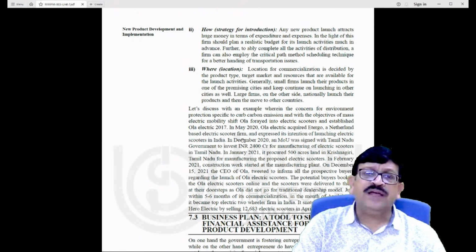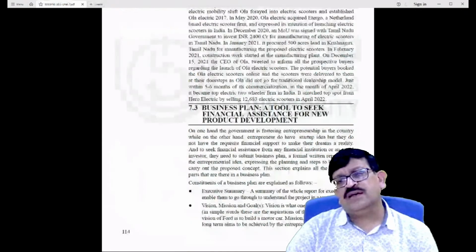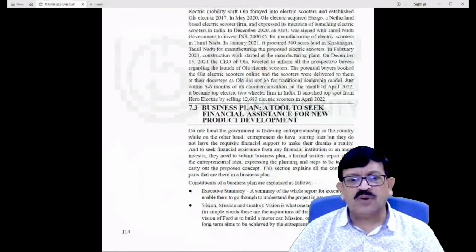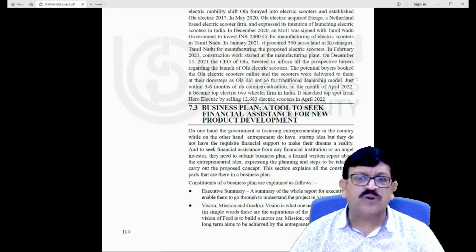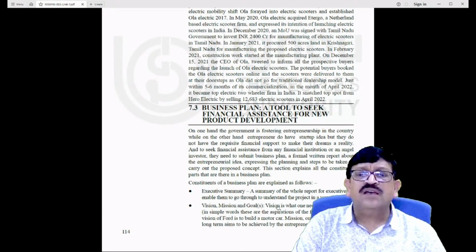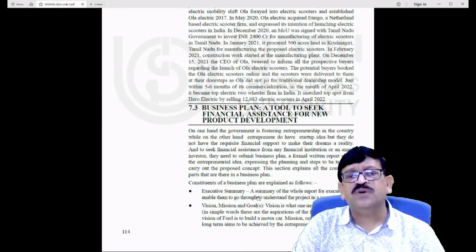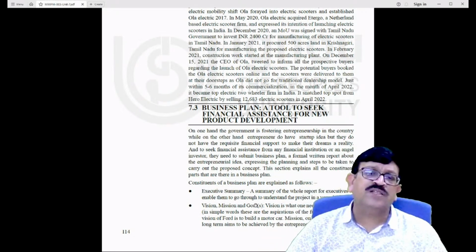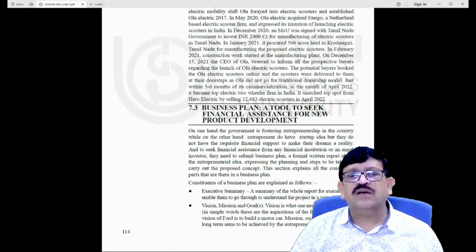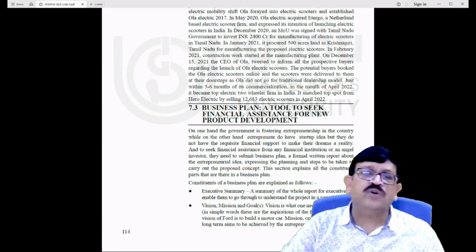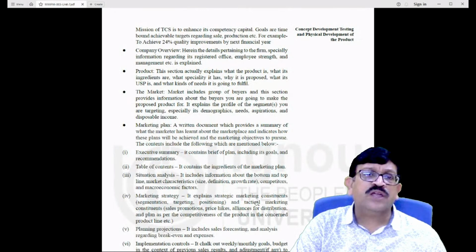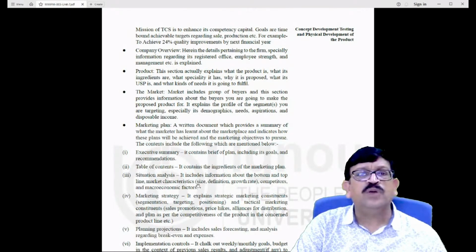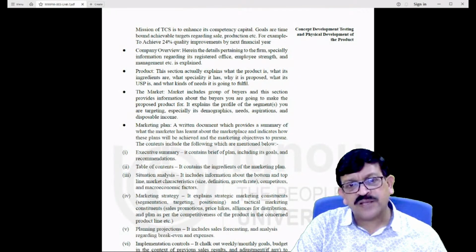We now look at how business plans are an important consideration not only for general products but also for new products. A business plan is a document which tells you the vision and mission, and how to connect your business plans to the vision and mission of the company, what kind of market you are looking into with your new products, and what kind of marketing plan.